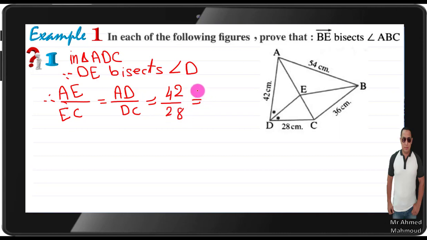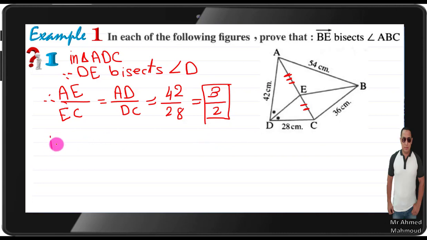In the simplest form, divided by 7 gives 6 over 4, which equals 3 over 2 in the simplest form. So AE is 3 and EC is 2; its ratio is 3 and EC its ratio is 2.